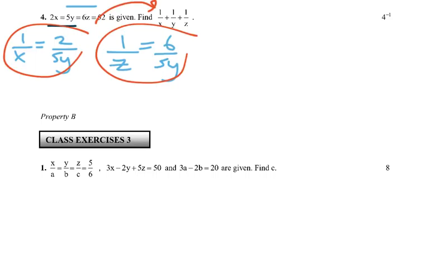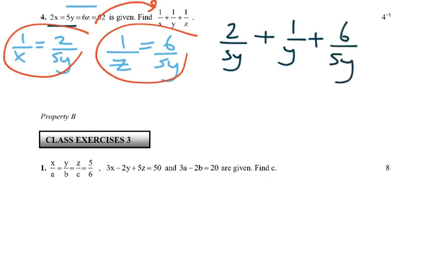I'm now going to substitute these in to here. So 1 over x, well that's 2 over 5y, plus 1 over y, plus 1 over z, well 6 over 5y. Let's convert this middle term into 5 over 5y.